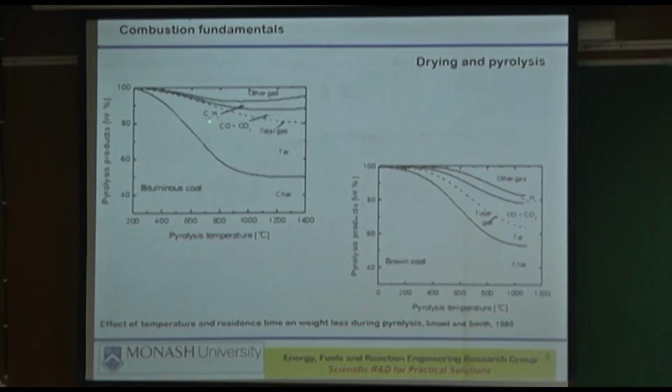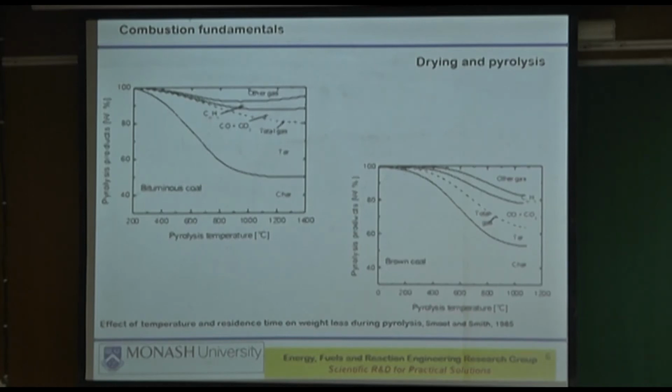And you will get the other hydrocarbons, so for example, methane, ethane, propane, etc. But you can get very large hydrocarbon molecules, which are extremely viscous at room temperature, which is called tar eventually, and more of it if the coal is bituminous coal, less of it if it is brown coal.